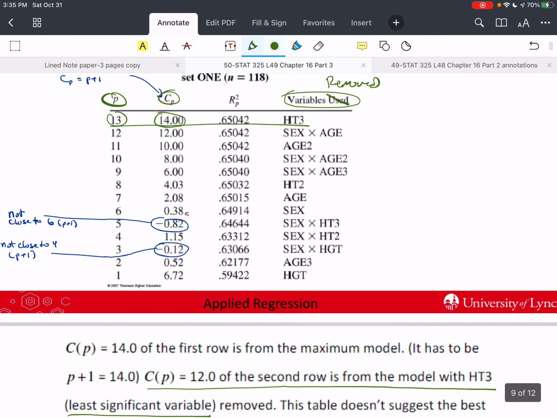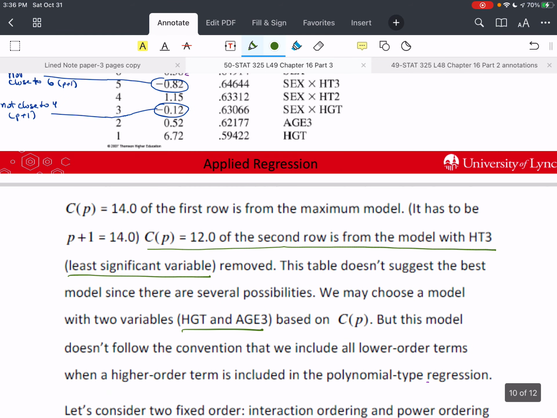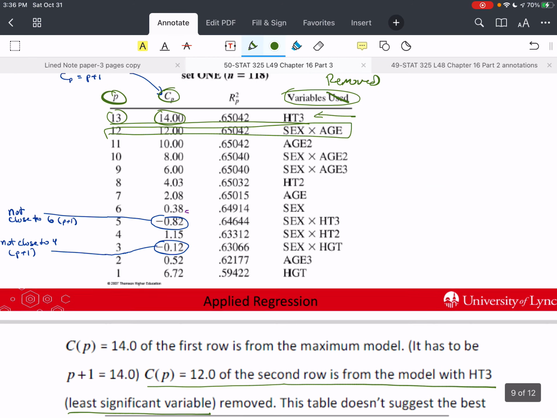Okay, so this is the model with 12 in it, and height has been removed from the model, height cubed. Okay, that makes sense. And so we may choose a model with 2 variables, height and age cubed.